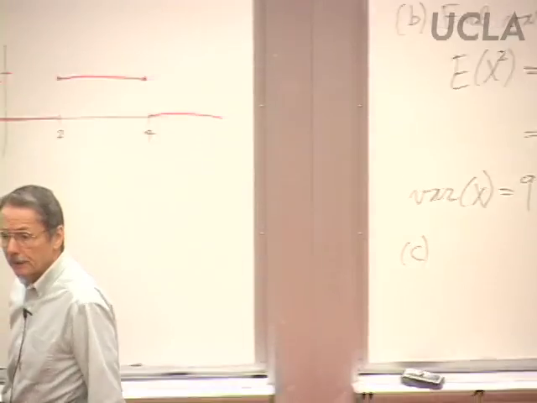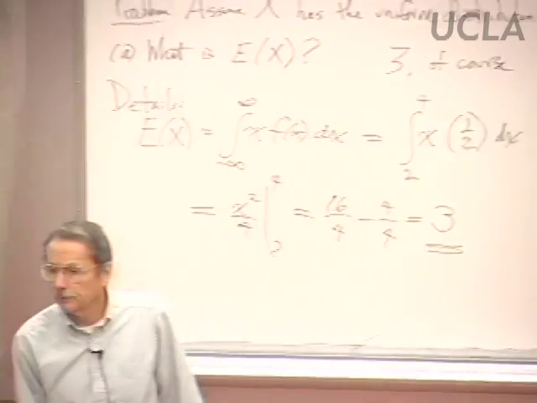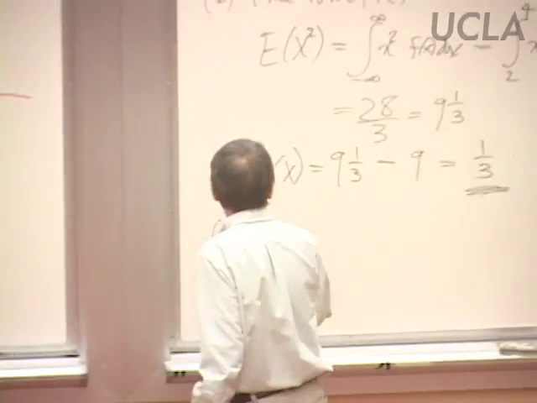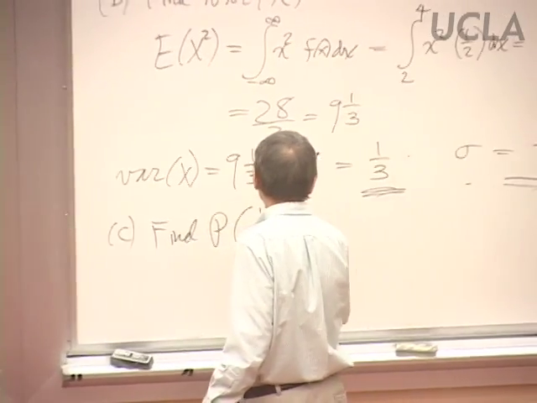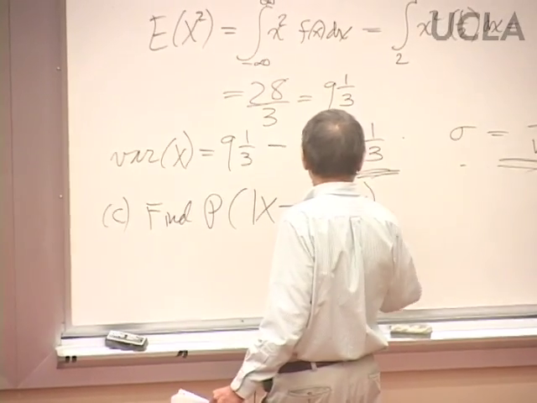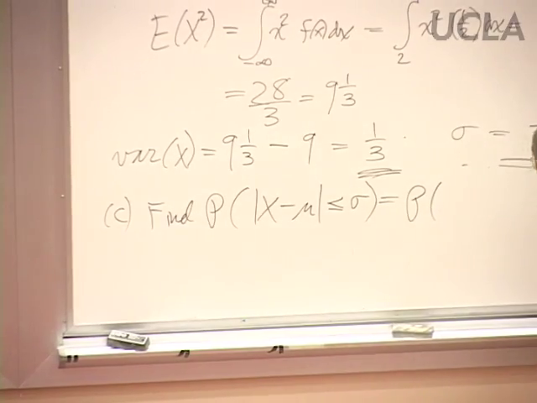Well, let's find the probability that this random variable is within one standard deviation of its mean. Well, the mean is 3.